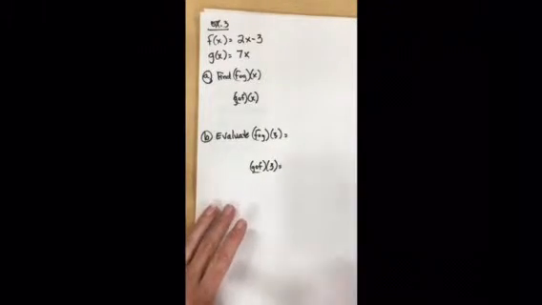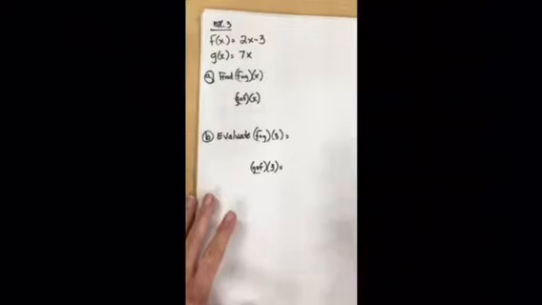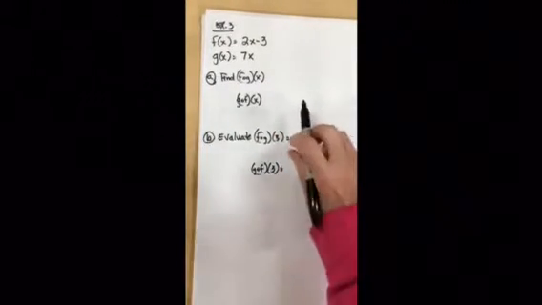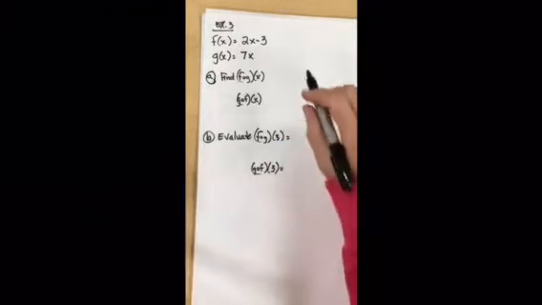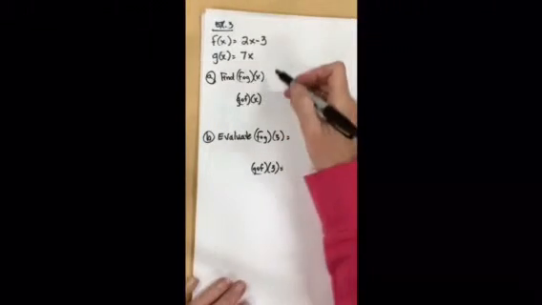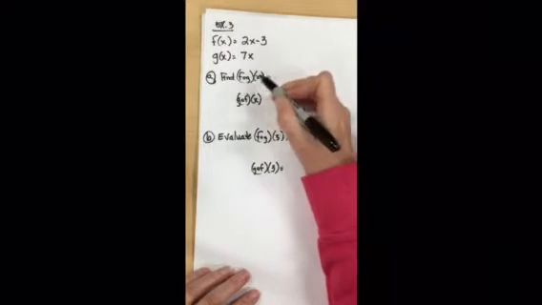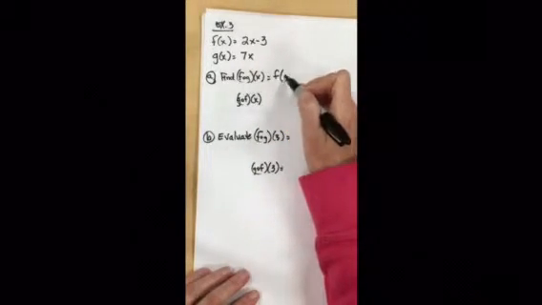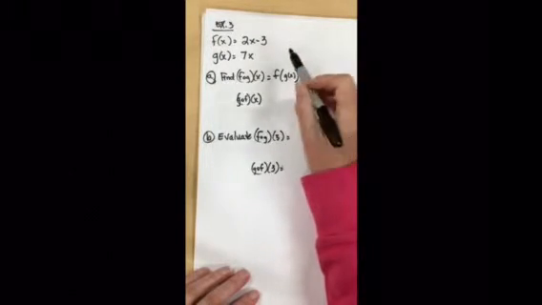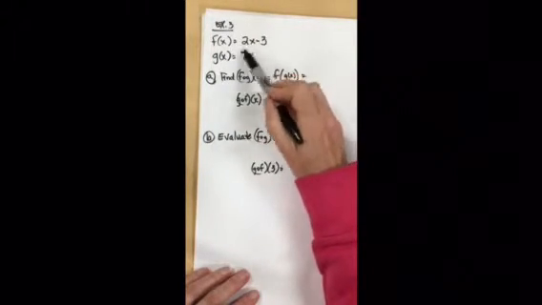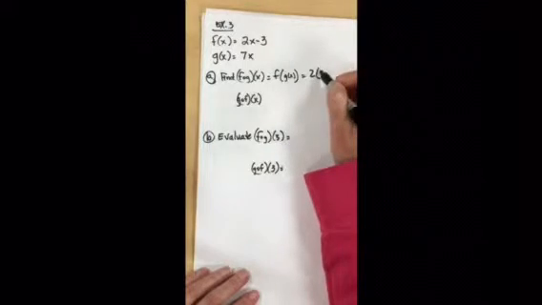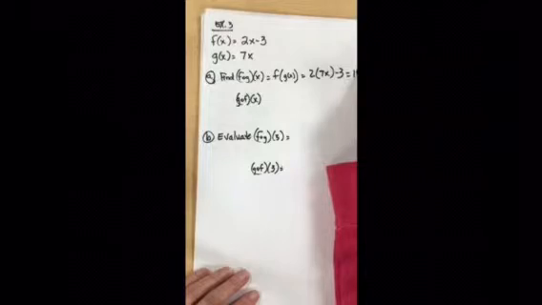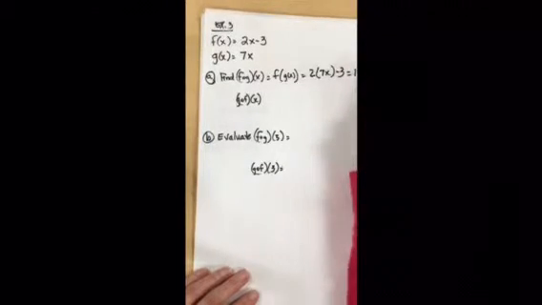The third example is we want to see if f of g of x is the same as g of f of x, and so let's see what it comes up with. F of g of x would be, remember, we want to write it this way, or at least I do, because I know g of x is the input for that. So we're going to do 2 times 7x minus 3 equals 14x minus 3.